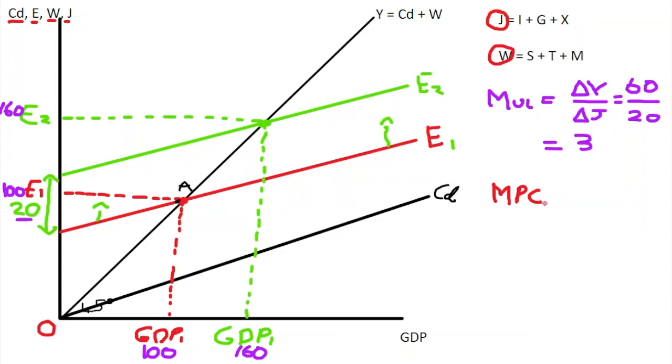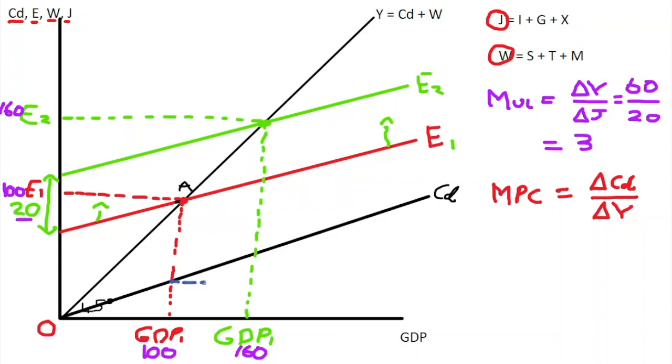You are spending 80% of your income. So the technical formula for this is the change in consumption out of disposable income divided by the change in your income level. So when your income goes up, how much extra do you spend of that?